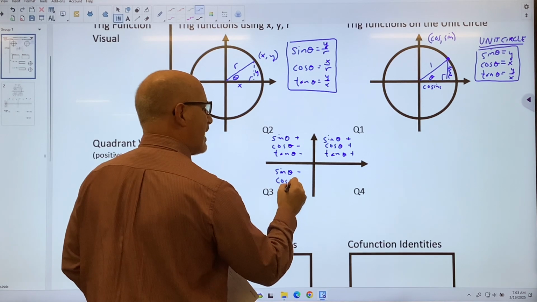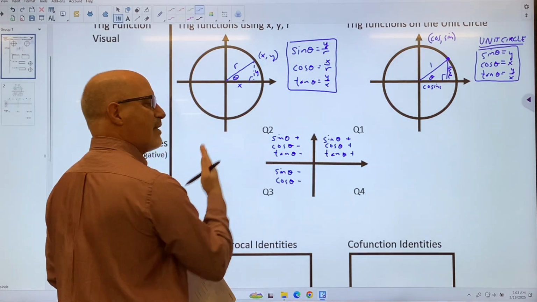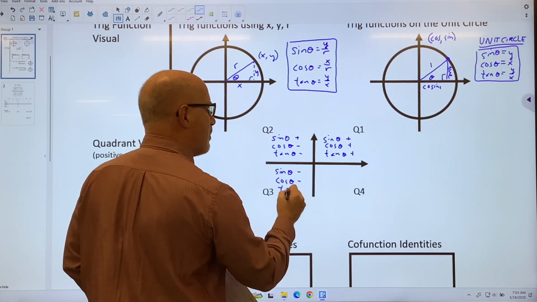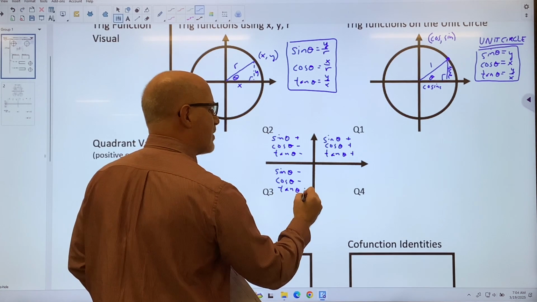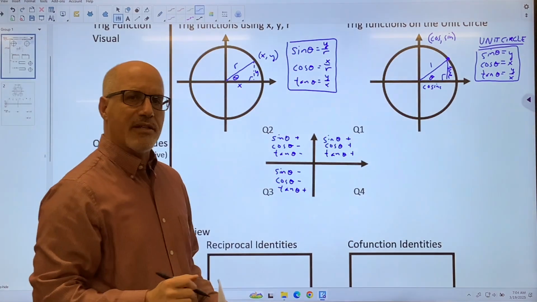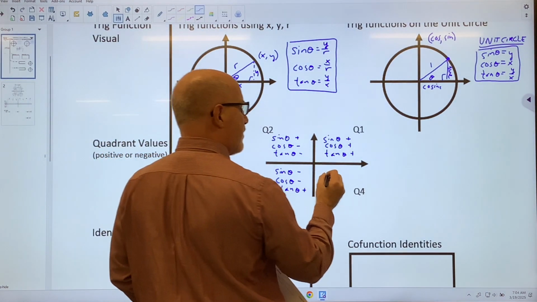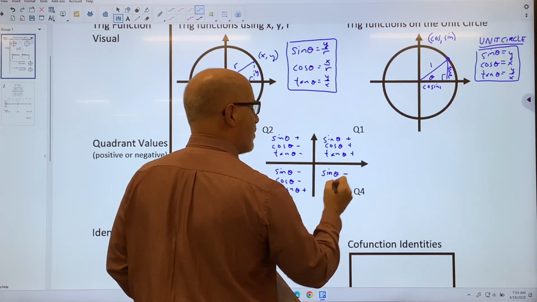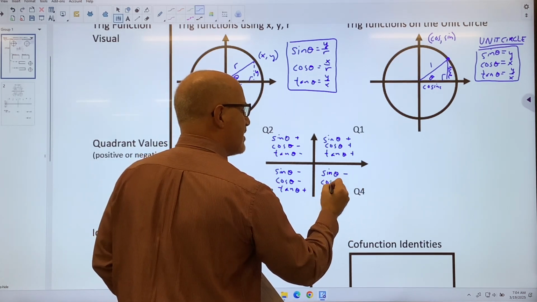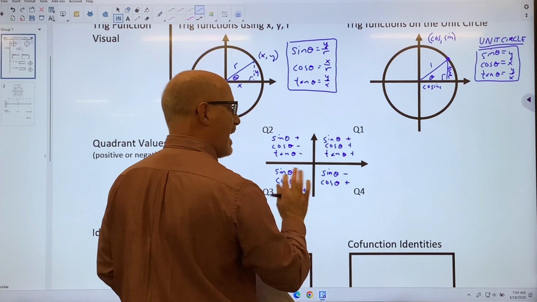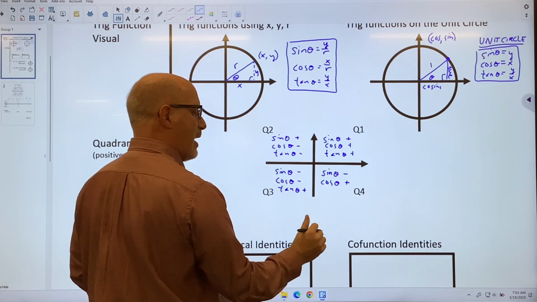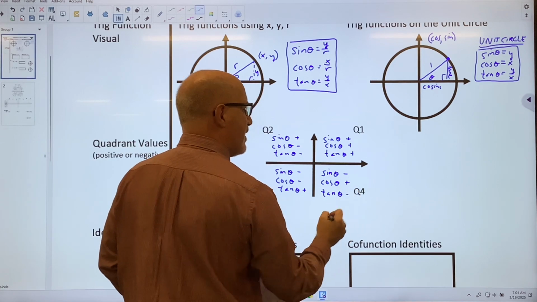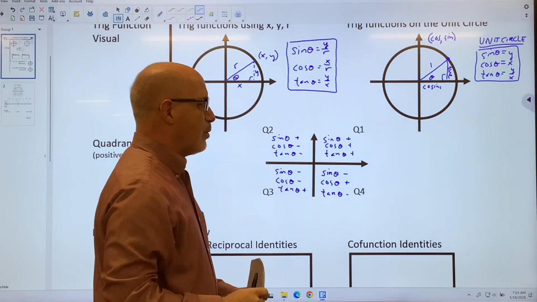Cosine is still negative because we're over on this side of the y-axis where x's are negative, but tangent will be a negative over a negative, so that will make it positive. And then lastly, in quadrant 4, sine is negative because y is negative. Cosine has become positive because the x is positive on this side of the y-axis. And then lastly, tangent is negative because you have one positive, one negative.